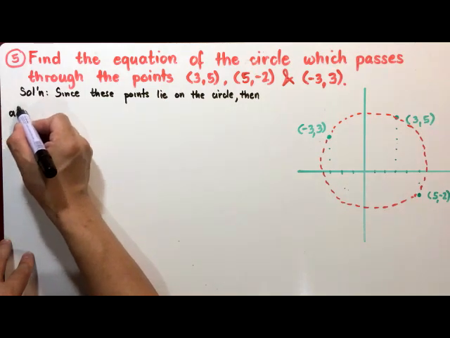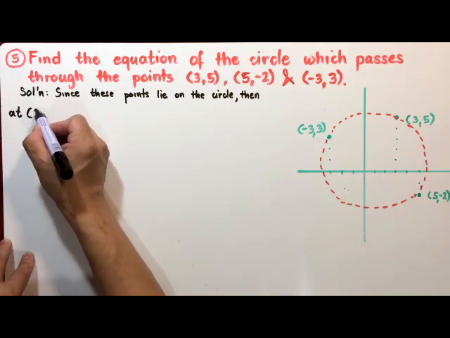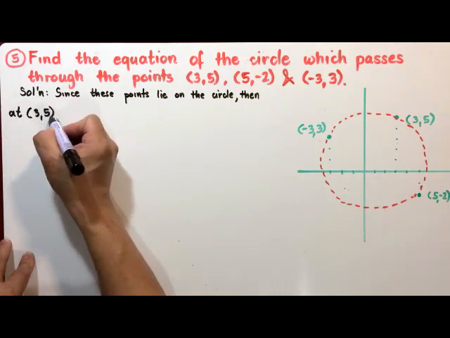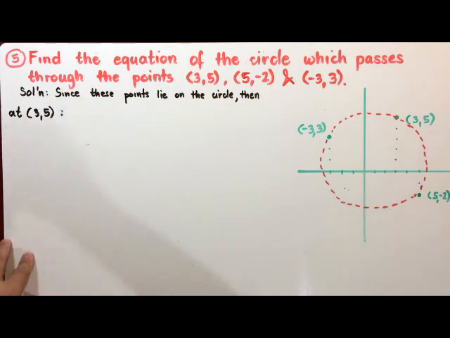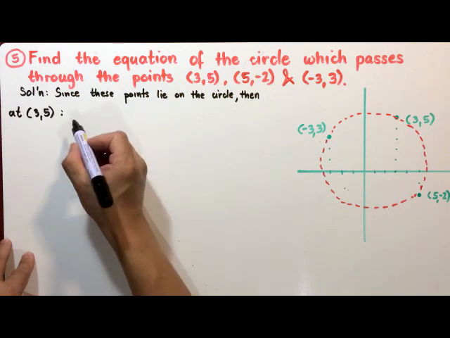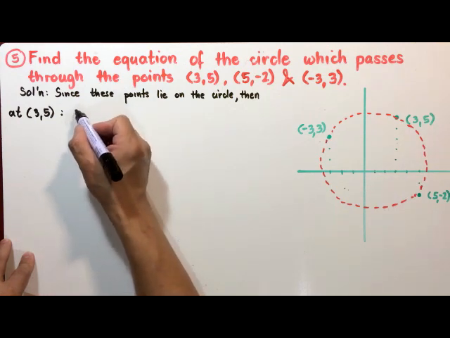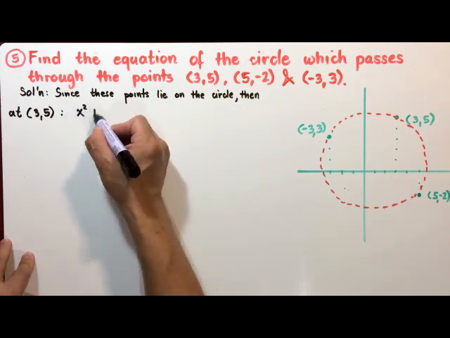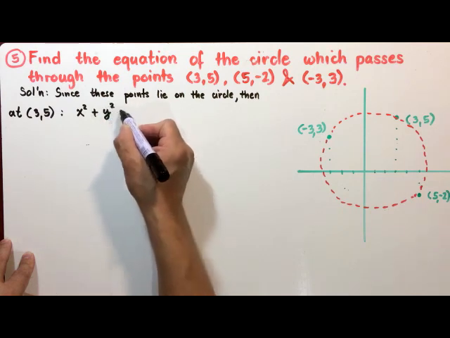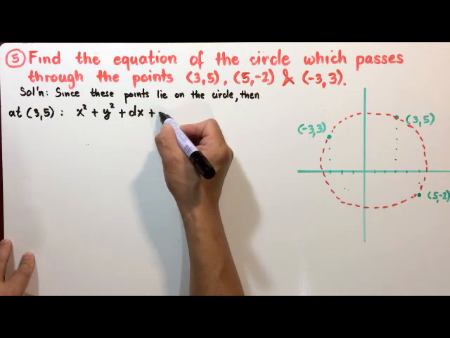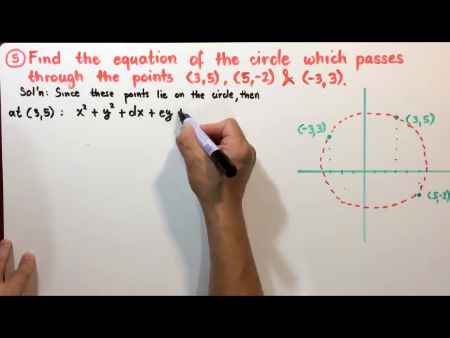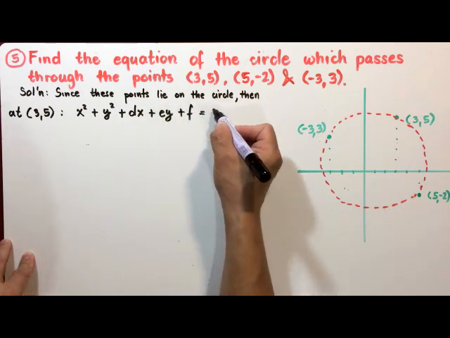So at the point 3, 5, because this is a point on the circle, then it satisfies the general equation of the circle. What was the general equation of the circle? It's x squared plus y squared plus dx plus ey plus f is equal to 0.